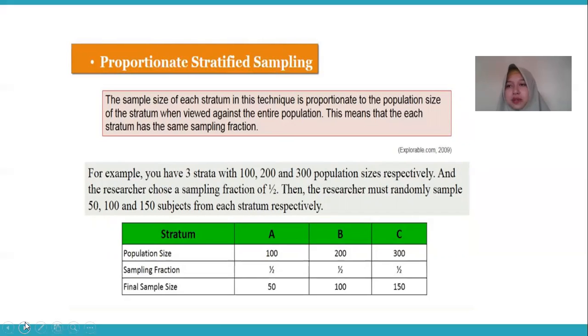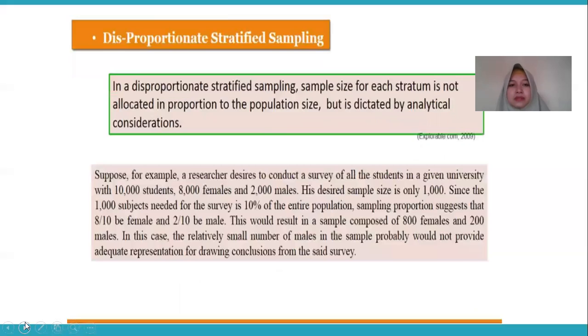This means that each stratum has the same sampling fraction. And the second is disproportionate stratified sampling. In disproportionate stratified sampling, the sample size for each stratum is not allocated in proportion to the population size, but is dictated by analytical considerations.